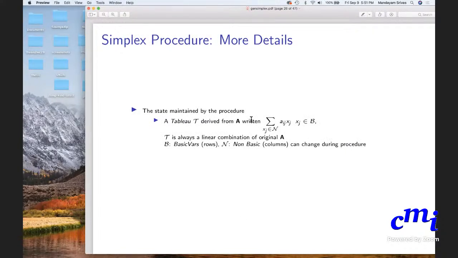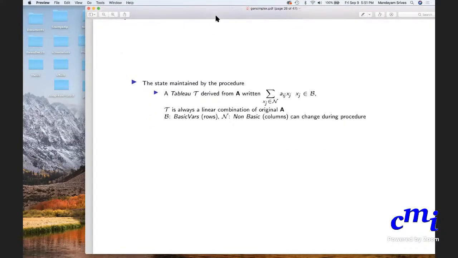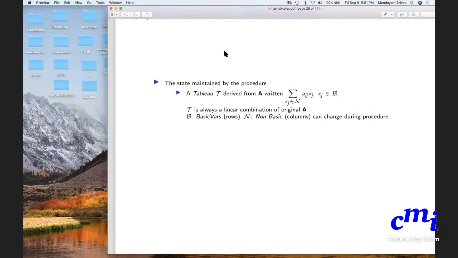Okay. So with that kind of informal introduction, let me get to the state maintained by the simplex procedure. There is a tableau which keeps changing after each pivot operation, and it is maintained as an equation equating each of the current basic variables to an expression in terms of the current non-basic variables.